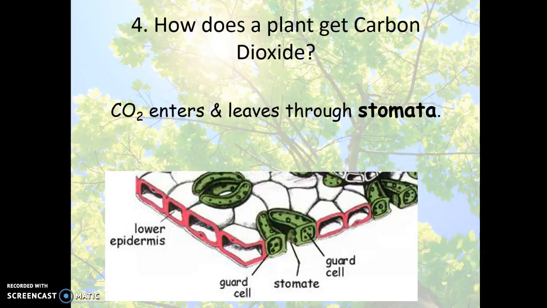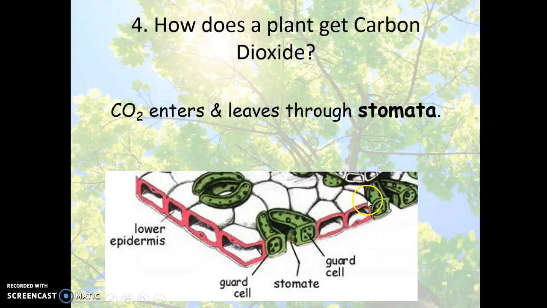Number 4, how does a plant get carbon dioxide? So we're going to do a lab on this to show you how plants get carbon dioxide inside of them. It enters through the leaves through something called stomata or stomates. And so you can see the picture here. The opening is the stomate.